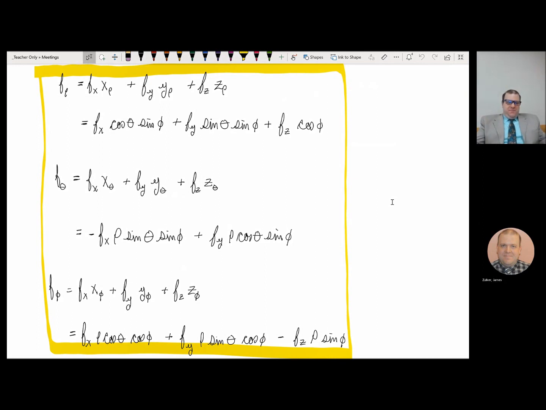So you have to plug in x as rho cosine theta sine phi, y as rho sine theta sine phi, and then z as rho cosine phi, right? So you have complete functions of rho, theta, phi.